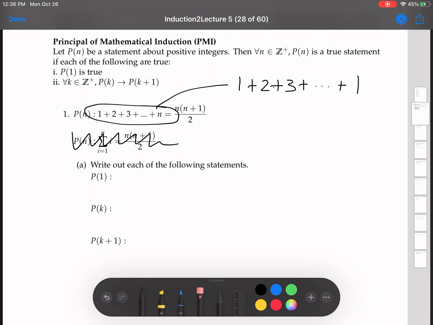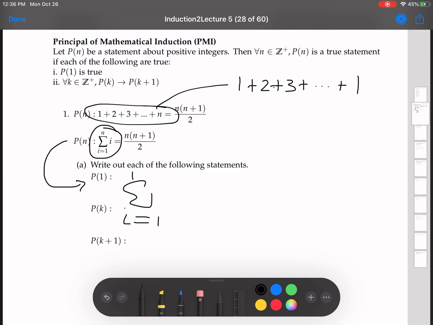this, what we actually mean is this. It's the sum from 1 to n of I. And so using this right here, P of 1 is the sum from I equals 1 to 1 of I is equal to 1 times 1 plus 1 over 2.